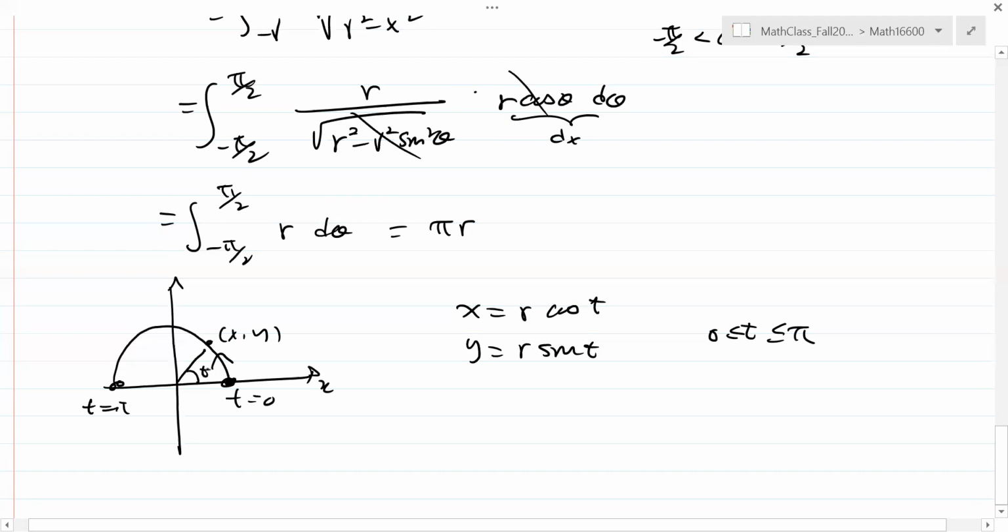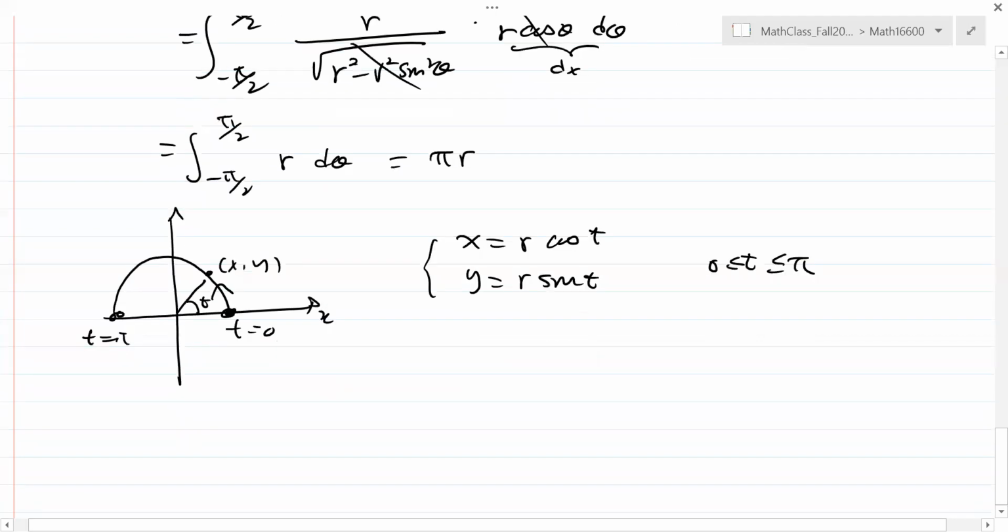So if you describe the point on the curve using another parameter t, then actually the problem becomes much simpler. Consider the arc length formula. This is our original formula.